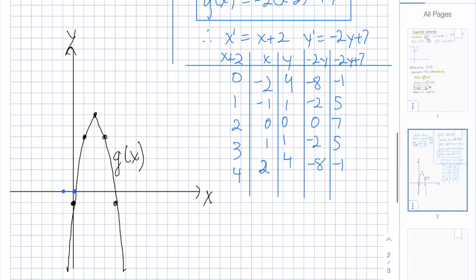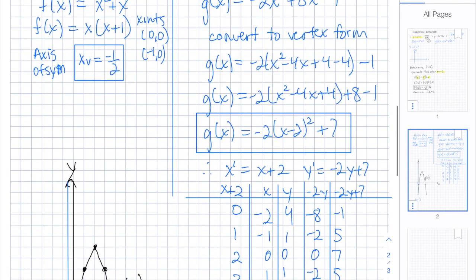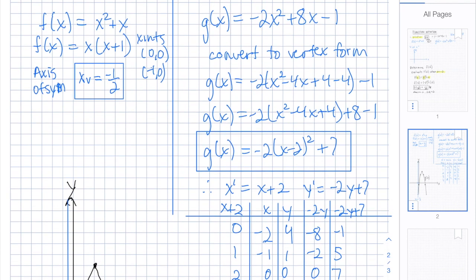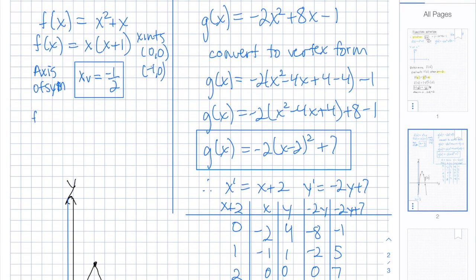If we went to graph this, we know that the vertex is somewhere along this line. Another benefit of function notation is that I can say the y value of my vertex is f at xv. So I can use this notation to talk about the y value of my vertex.